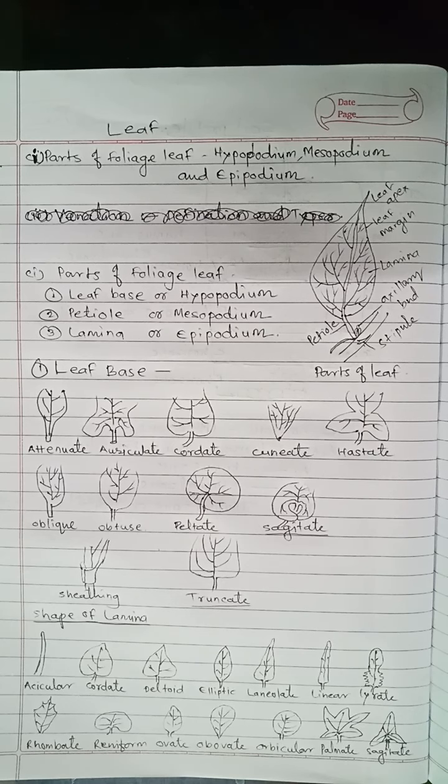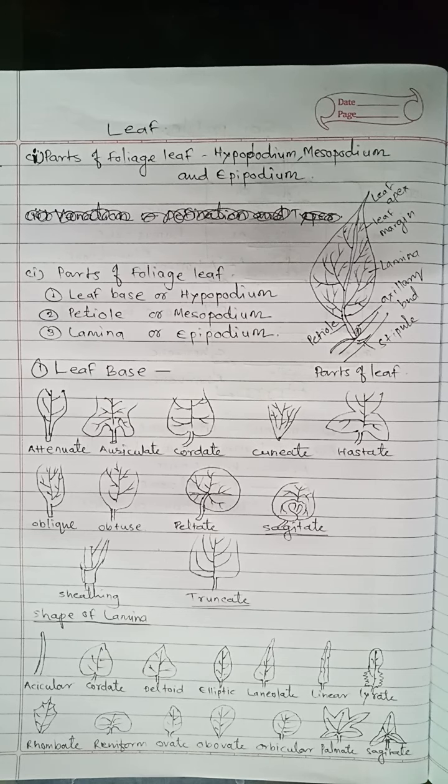Sagittate, with two basal lobes more or less pointed and oriented downwards away from apex. Sheathing, base having a basal clasping leaf sheath, meaning it covers the stem at nodal region. Truncate, basal margin cut straight across. This is all about the leaf base.